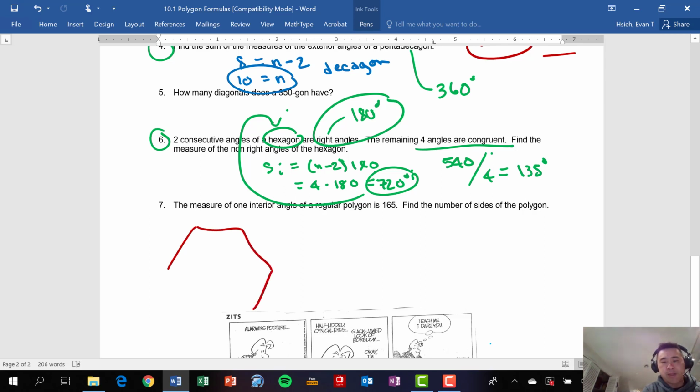I'm not sure how many sides it has, but I know that the interior angle is 165, so I know that the exterior angle has to be supplementary to it, so it's 15 degrees. And so I can take 360 degrees, because I know that each of the exterior angles is going to be the same. Take 360 divided by 15, because each of them is 15, and that's going to give me 24 sides for the polygon.